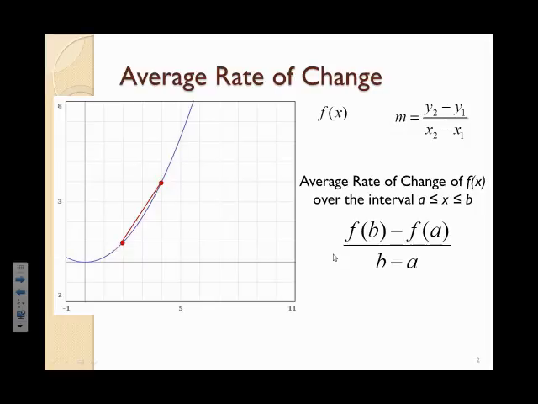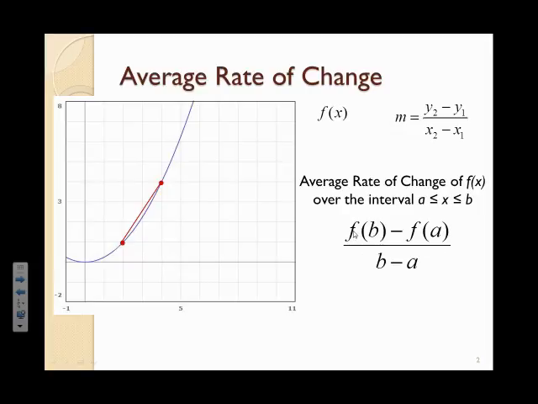Putting it into calculus terminology, instead of using the slope formula, which we can do, x sub 2 is f of b. In this case, using this formula, a and f of a would be your smaller x value. In this case, it would be 2. And b is going to be the greater x value. And in this case, x or b would equal 4.